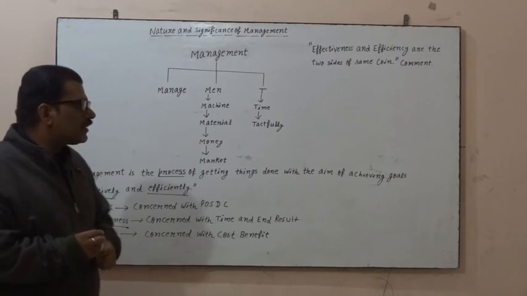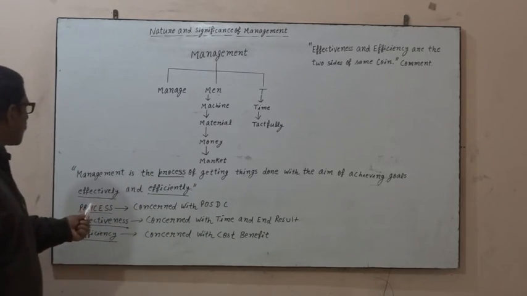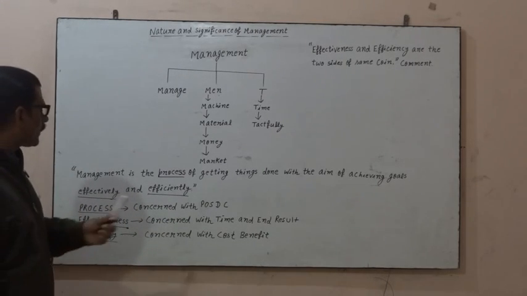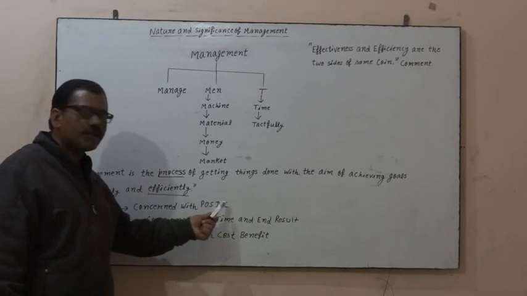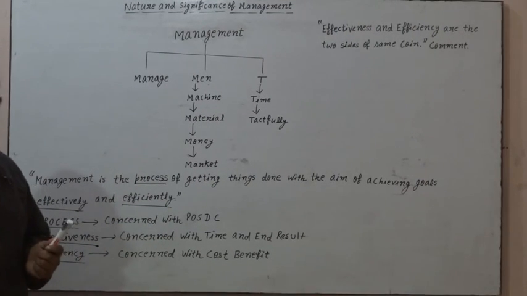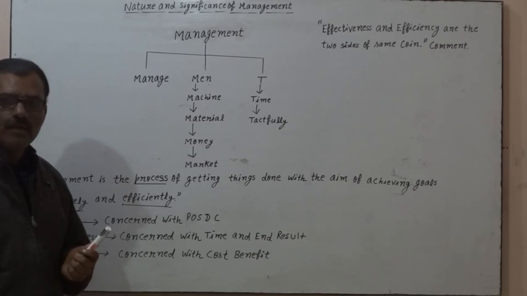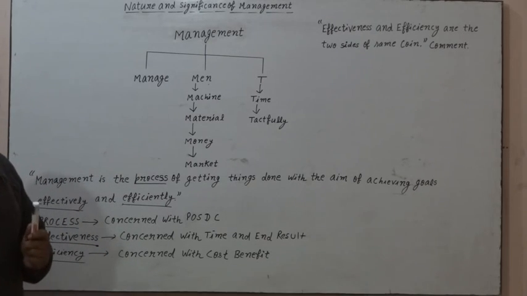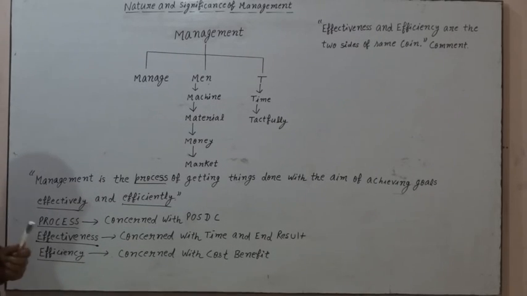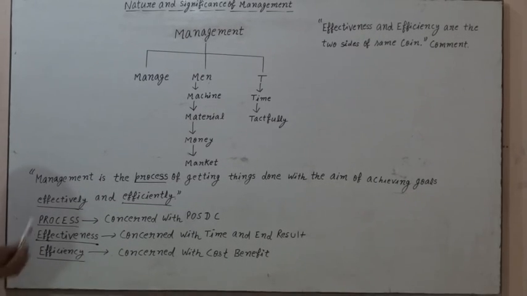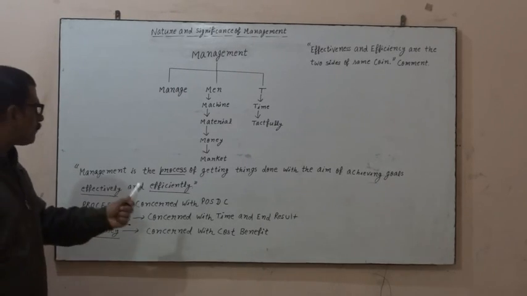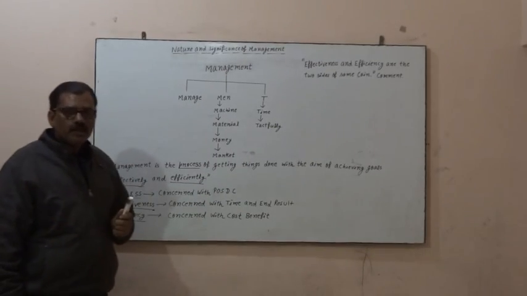We can say that process is concerned with five functions of management, that is POSDC, means P for planning, O for organizing, S for staffing, D for directing, and C for controlling. So you need to keep in your mind, in short, that process indicates five functions of management, POSDC.